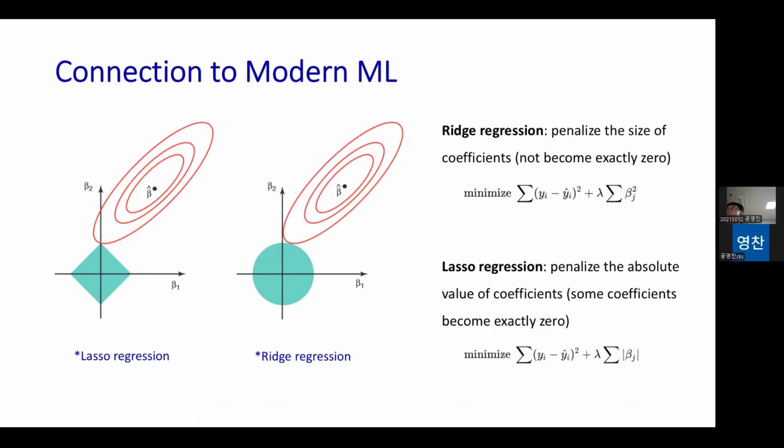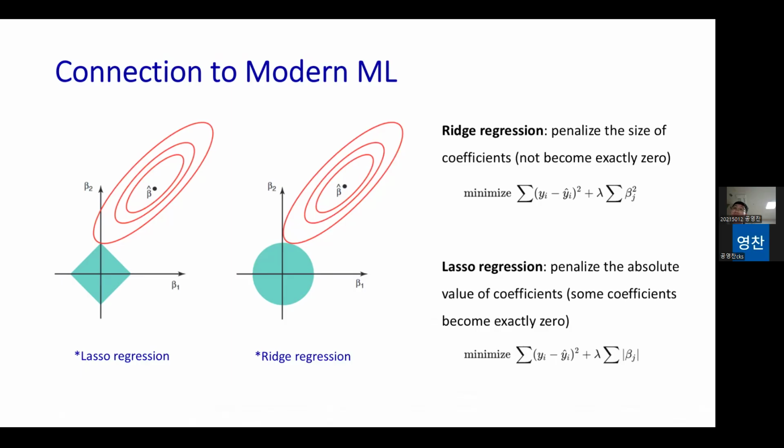You can see the equation in the slide. As a result, some coefficients become exactly zero. It means that lasso actually performs variable selection automatically. It's similar to best subset selection, but it is much smoother and computationally efficient.